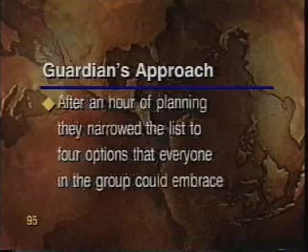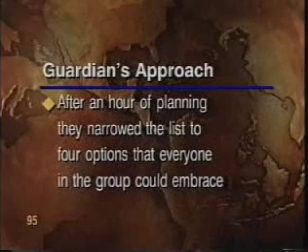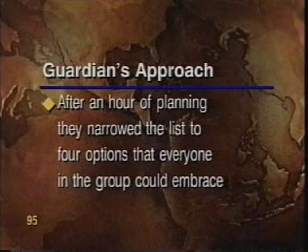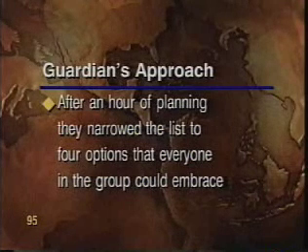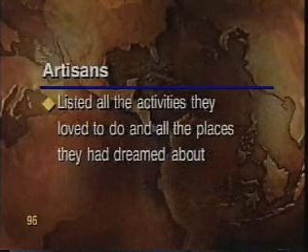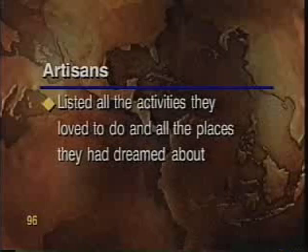After about an hour of planning, they narrowed the list to 4 options, all practical, within a clearly defined budget that everyone in the group could participate in. The 2 artisans, on the other hand, immediately listed all the activities they loved to do and the places they had dreamed of exploring.